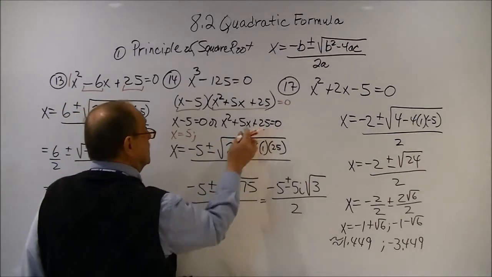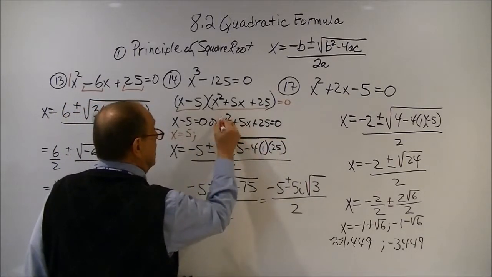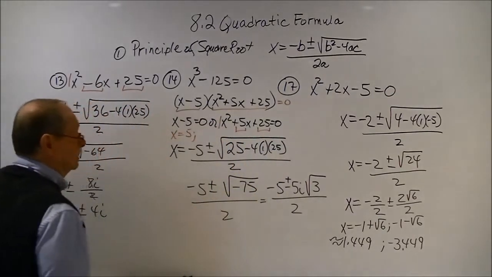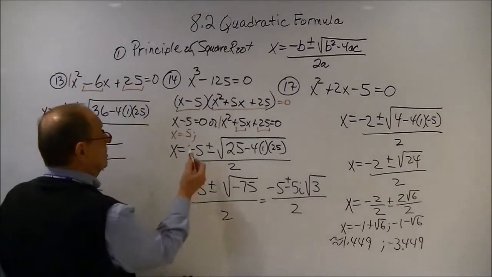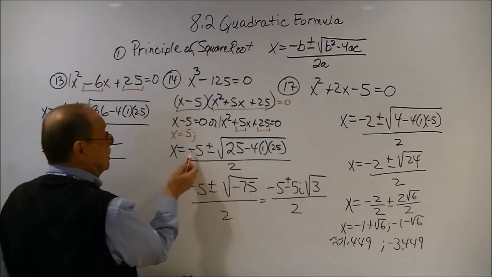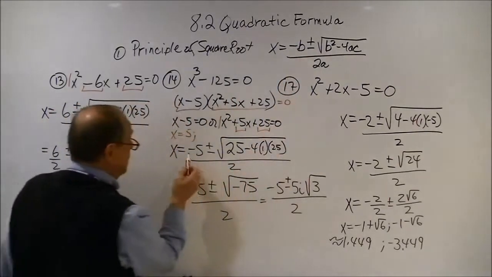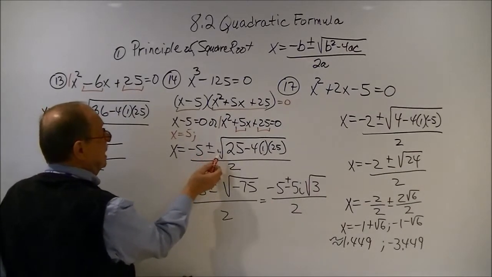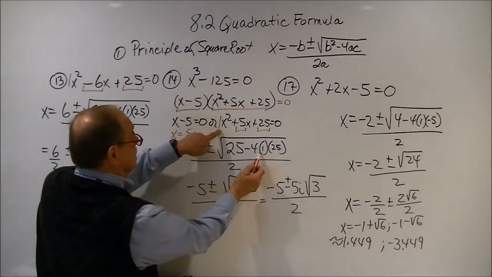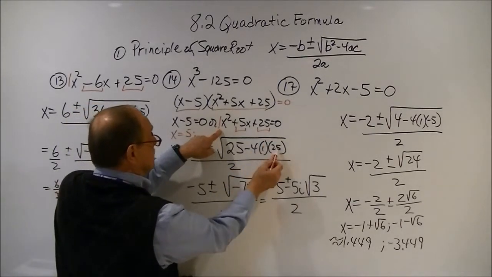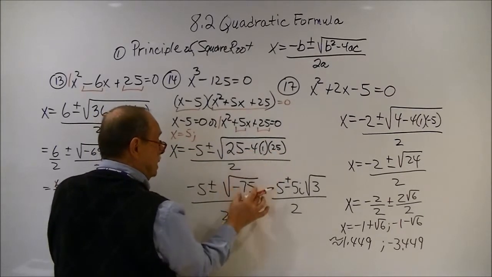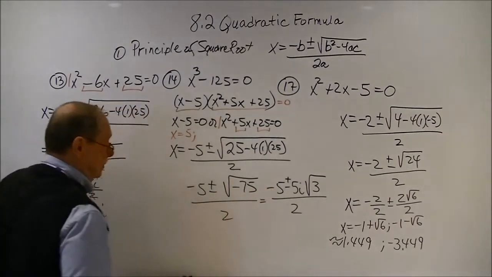So when I put this into the quadratic formula, a is 1, b is 5, c is 25. So again, b is a positive 5, so it goes into the quadratic formula as a negative b, so a negative 5. Plus or minus b squared, which is 25, minus 4 times 1, which is a, 25, which is c. This gave me a negative 100, plus 25 gives me a negative 75.